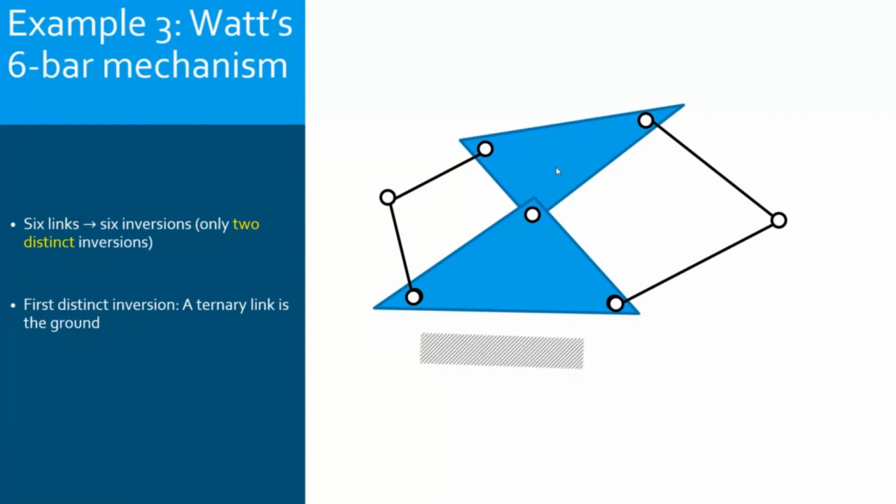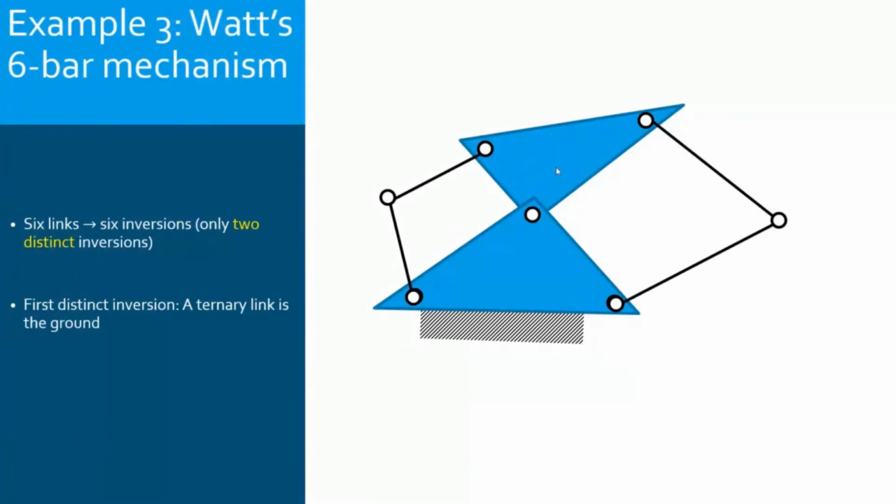So if I ground a ternary link, either one here, it will give similar results, not the two together. I ground only one. But grounding the bottom one or the upper one will give similar motion. Why?